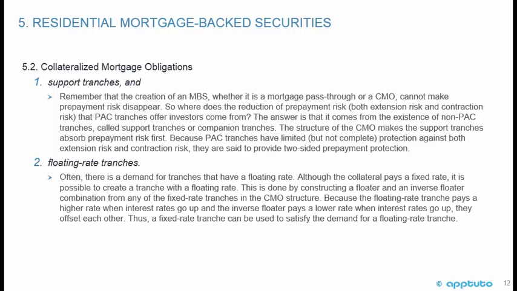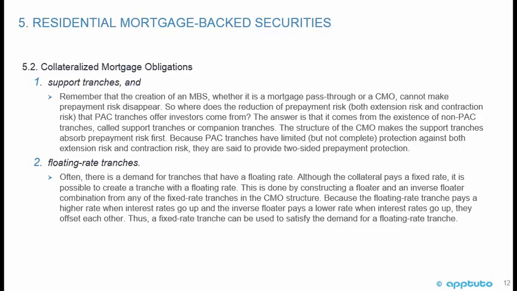The answer is that it comes from the existence of non-PAC tranches called support tranches or companion tranches. The structure of the CMO makes the support tranches absorb prepayment risk first. Because PAC tranches have limited but not complete protection against extension risk and contraction risk, they are said to provide two-sided prepayment protection.